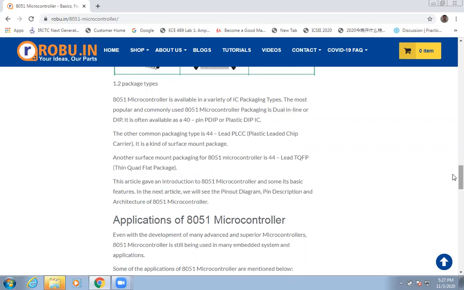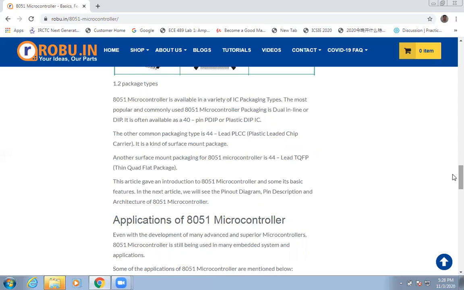The 8051 microcontroller is available in a variety of IC packaging types as shown in the above figure. The most common and popularly used 8051 microcontroller is the DIP or dual in-line package.